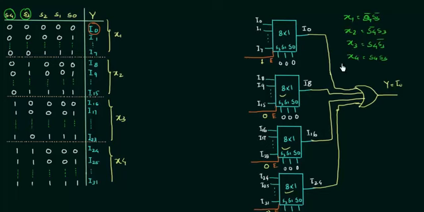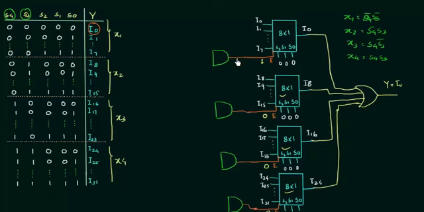We need 4 AND gates, so let's make 4 AND gates. The output of this AND gate will connect to the enable of the first mux. In the same way, we have to connect the outputs of the AND gates to the enables.